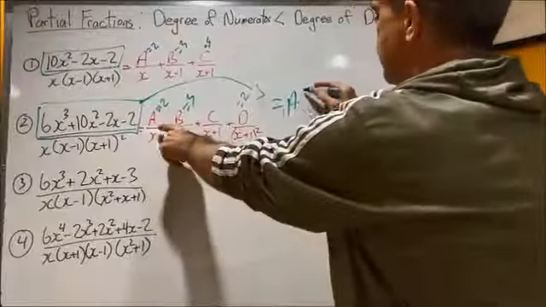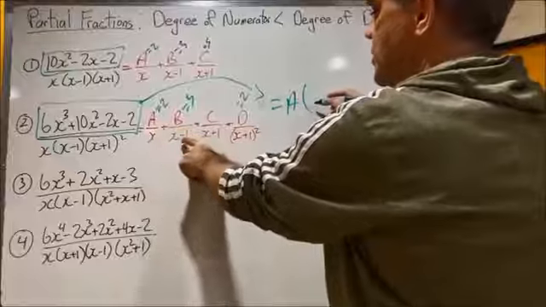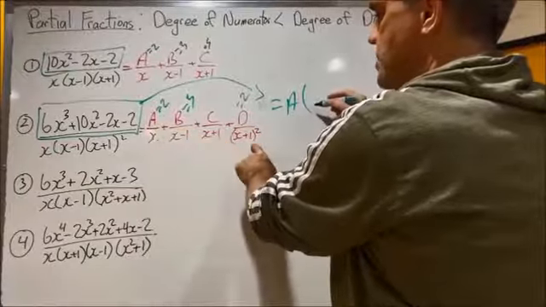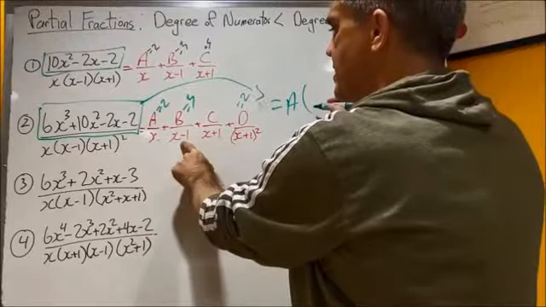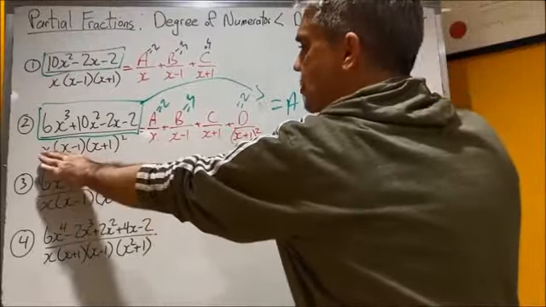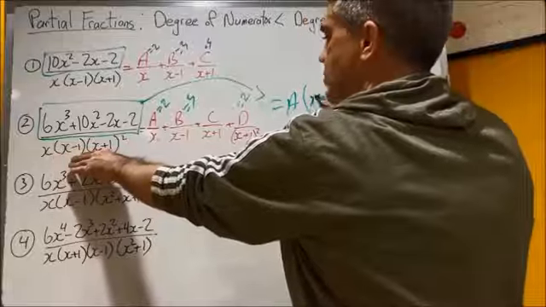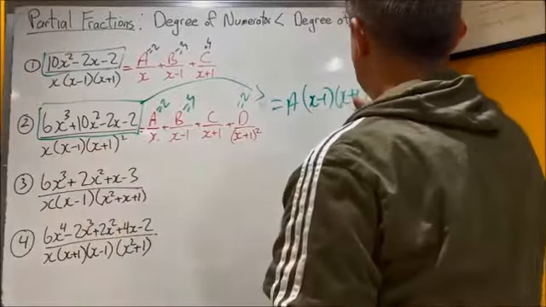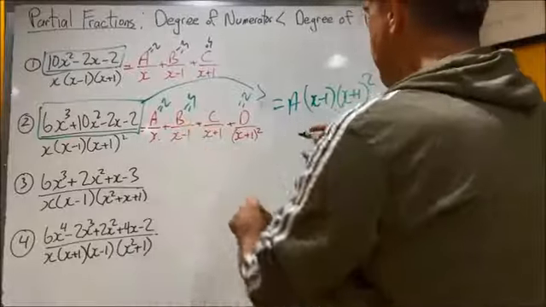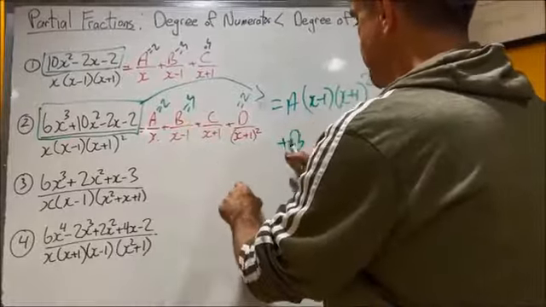to have A times x minus 1 times x plus 1 times this guy, right? Because he's got the x will cancel it, but he's going to have an x minus 1 and an x plus 1 squared. It's a little bit messy there. Okay, now the b, we're going to have a plus b.